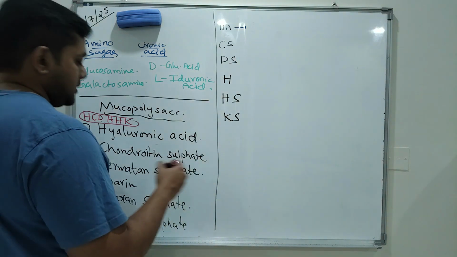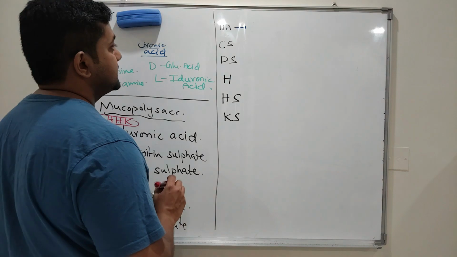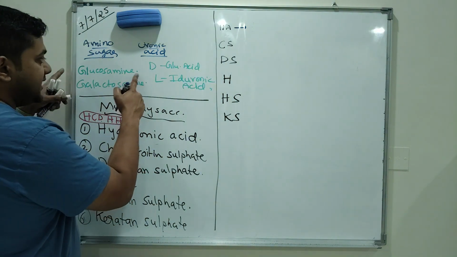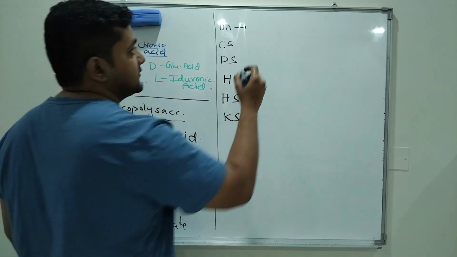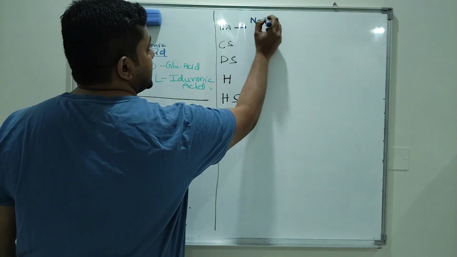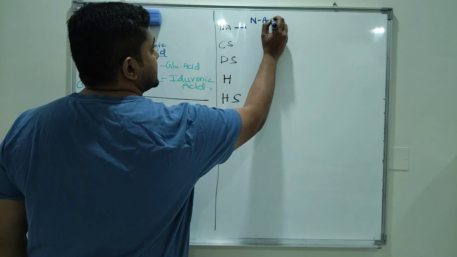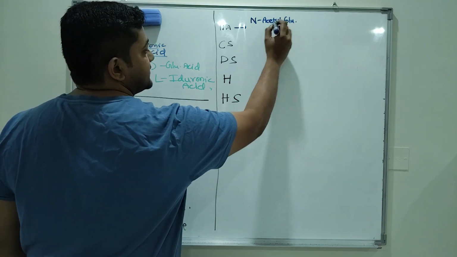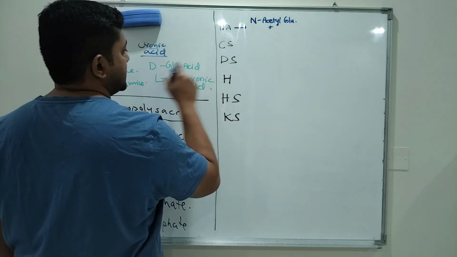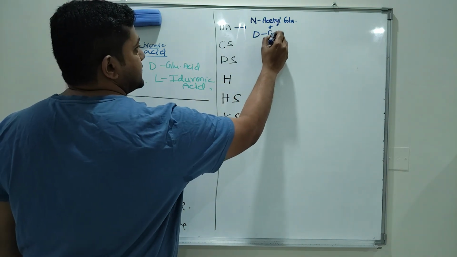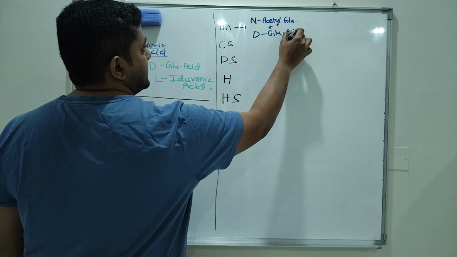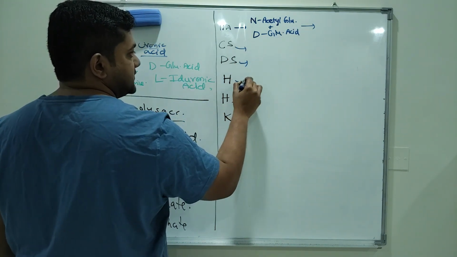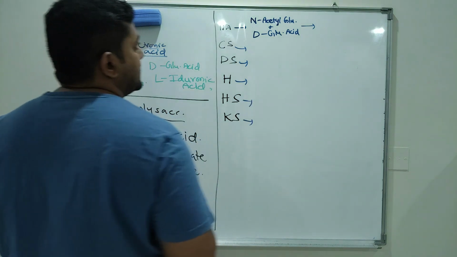Now talking about the constituents. Hyaluronic acid, as I told you, is N-acetyl glucosamine and D-glucuronic acid; that is the first pair. We'll see all the compositions first and then discuss the distribution.